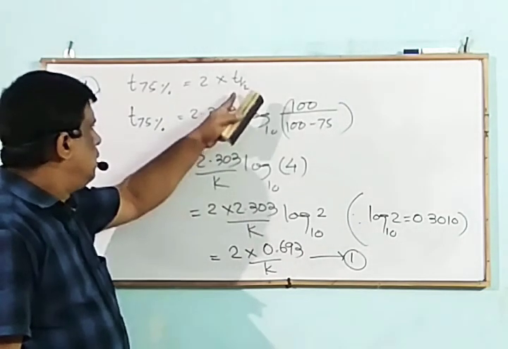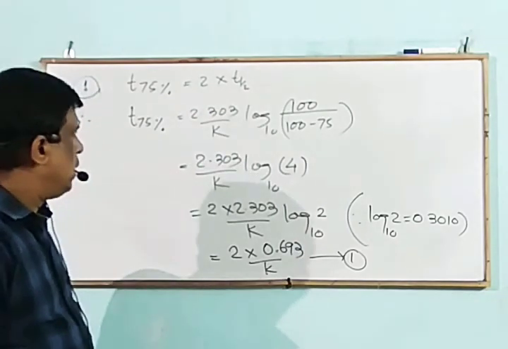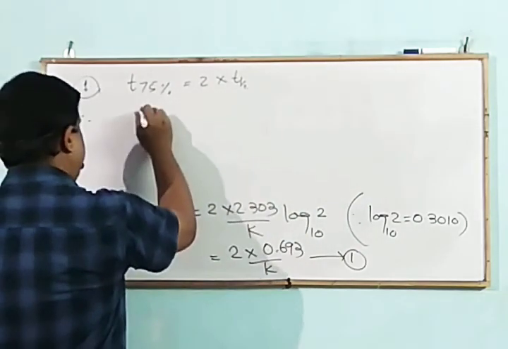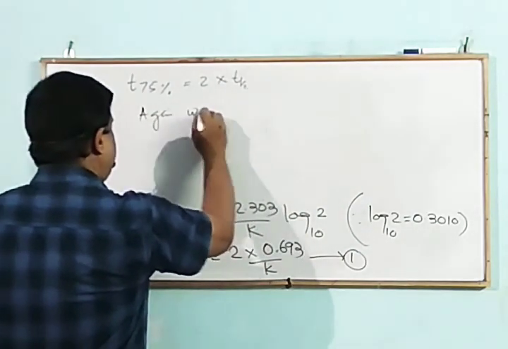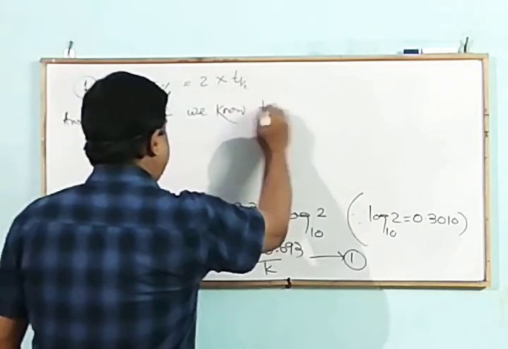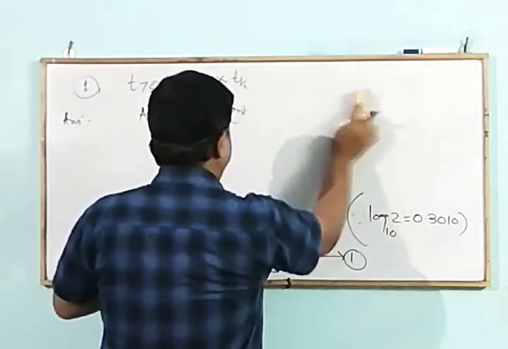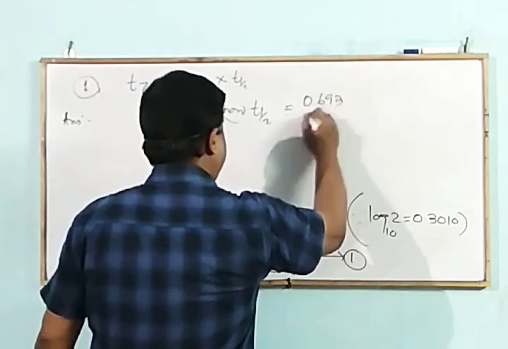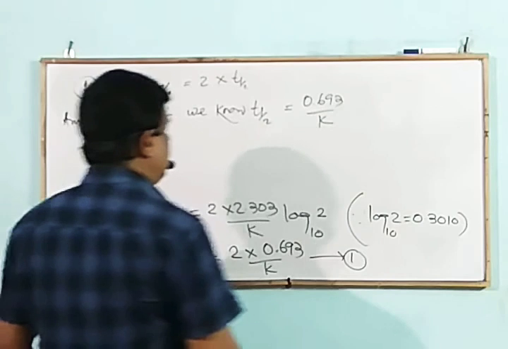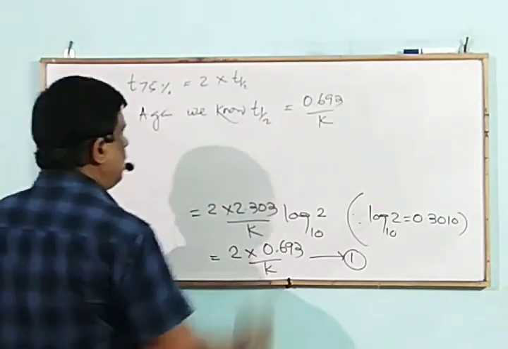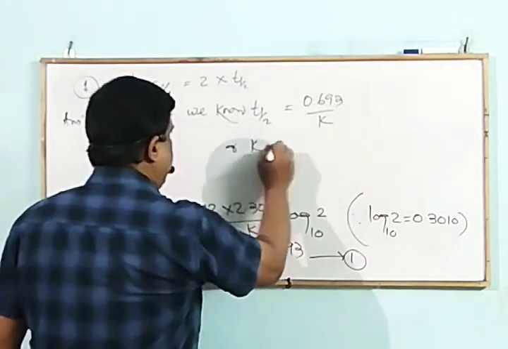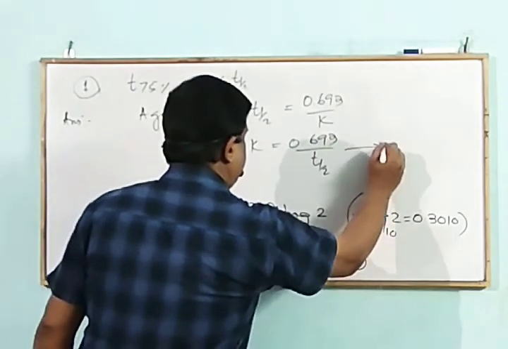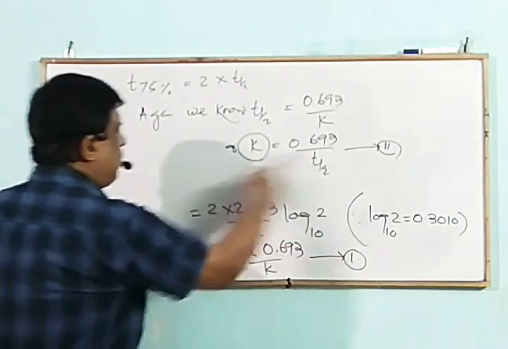Next we know another relation, T half. T half is equal to 0.693 by K. Mark that. Or K is equal to 0.693 by T half, equation 2.